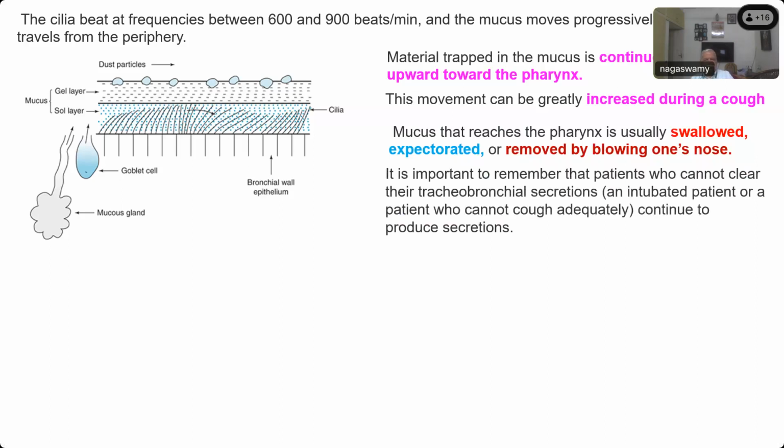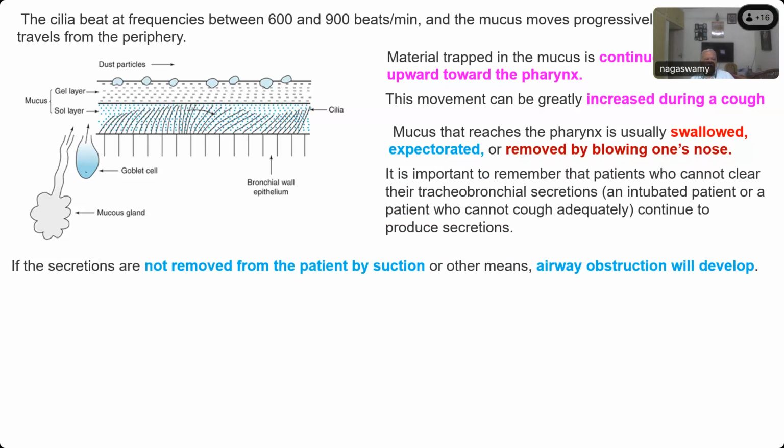It is important to remember that patients who cannot clear their tracheobronchial secretions, like patients who are intubated or patients who do not have an effective cough, continue to produce secretions and get them retained. So if secretions are not removed by suction or other means, airway obstruction will develop. So this is the importance of this mucociliary escalator.